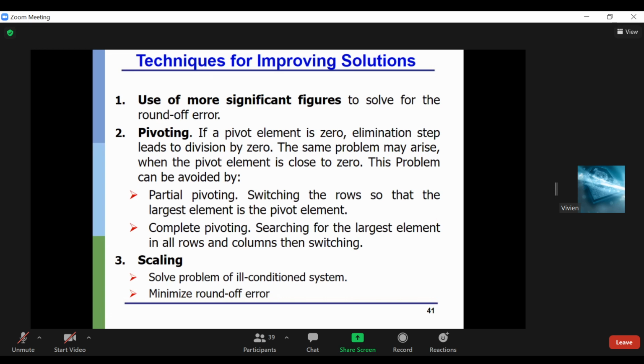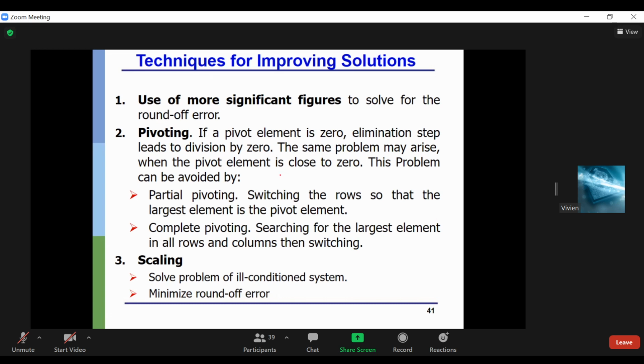The second is pivoting, which means switching the rows. If a pivot element is 0, the elimination step leads to division by 0. The same problem may arise when the pivot element is close to 0.